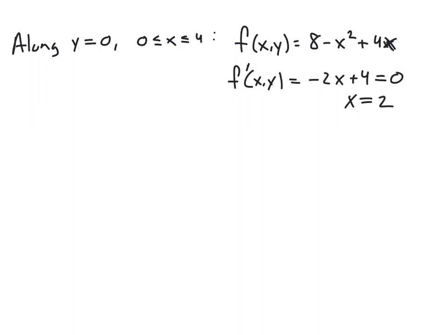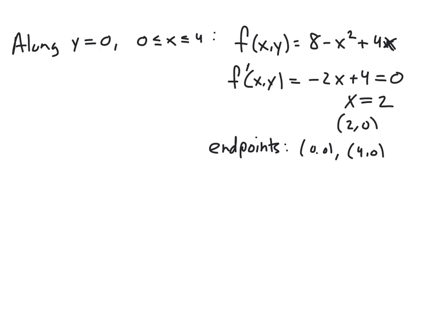And so this gives us the point 2, 0, which is going to be a point we need to check. And we also need to check the endpoints of our side, which would be at 0, 0 and at 4, 0. So we're going to take all of these 3 points and evaluate them for our function f.